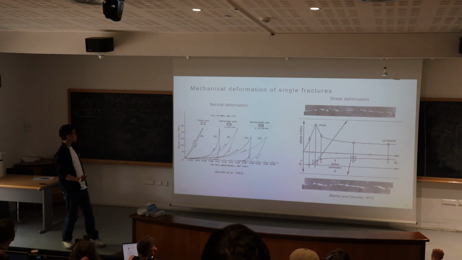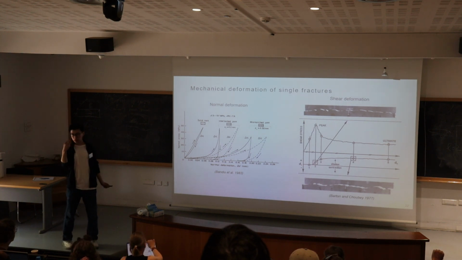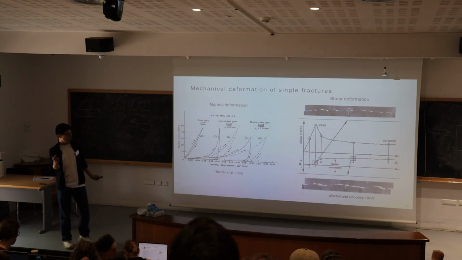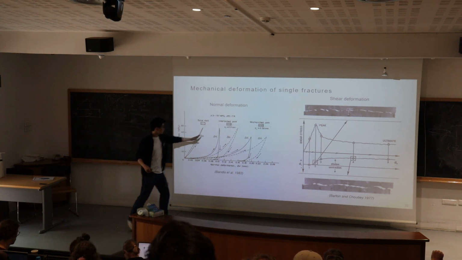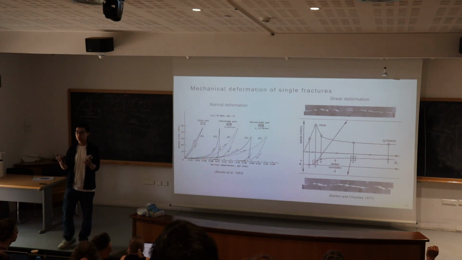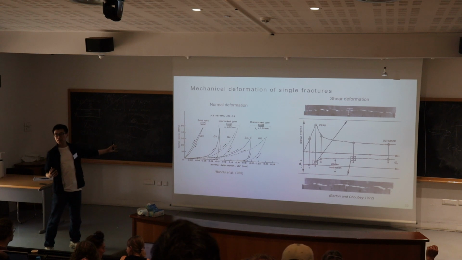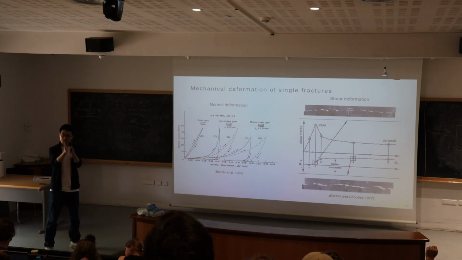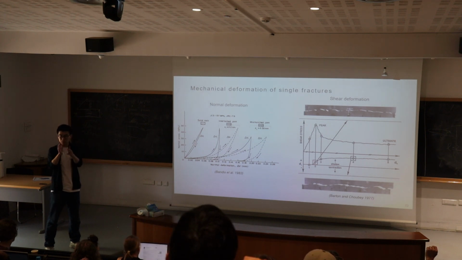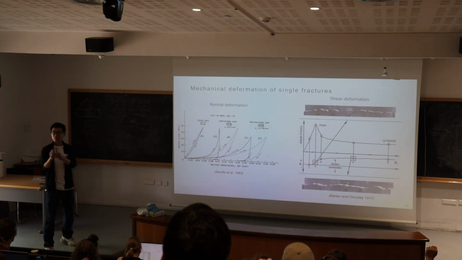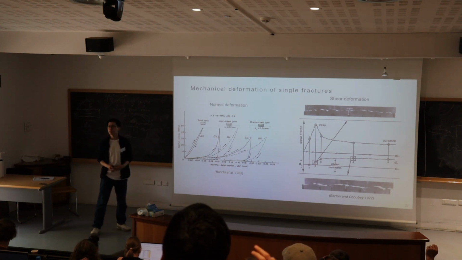But I would say if the permeability is more dominated by the shear dilation or shear displacement, then this recovery may play a minor role. So it really depends on which process is more controlled by the normal closure or the opening of the fracture under the fluid pressure, or is it more controlled by the shear slip due to the fluid injection? If the latter is more dominant, then this effect may not be so important.